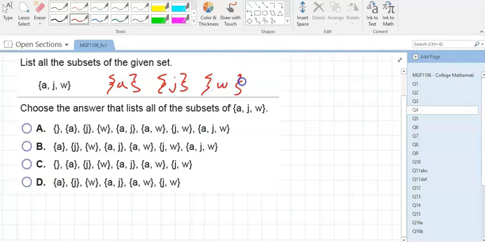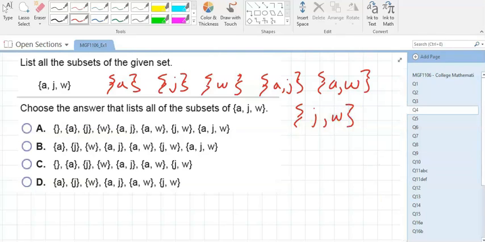Element W is a subset. Okay? And then I could start combining elements together. I could have the set AJ. I could have the set AW. I could have the set JW.